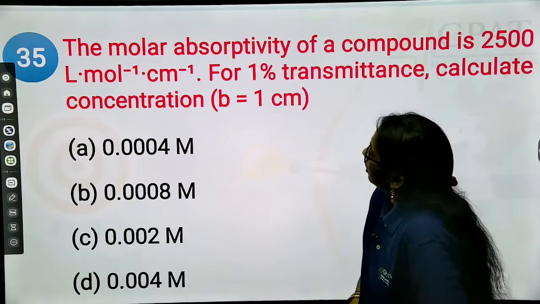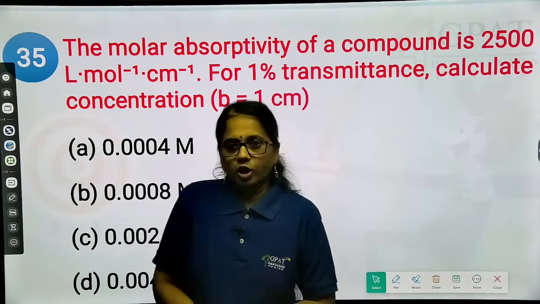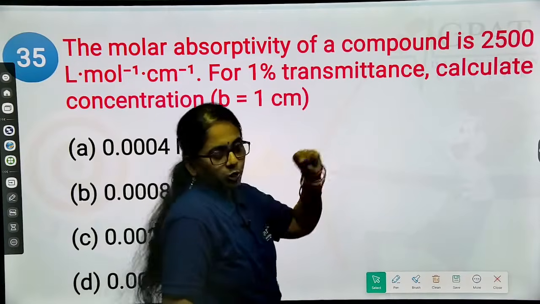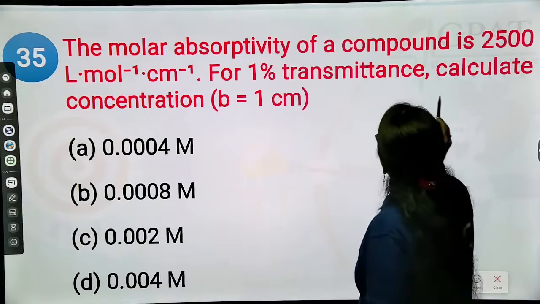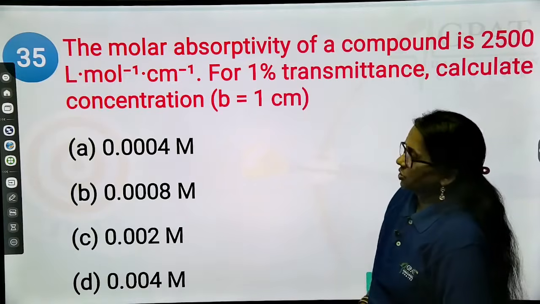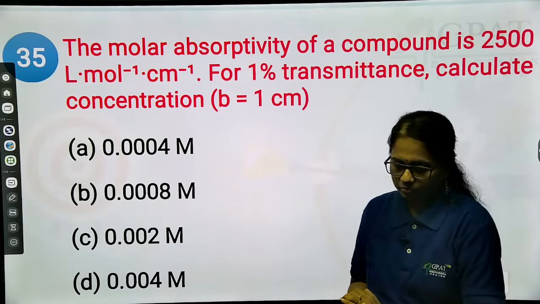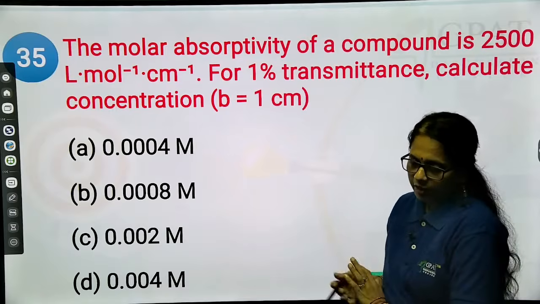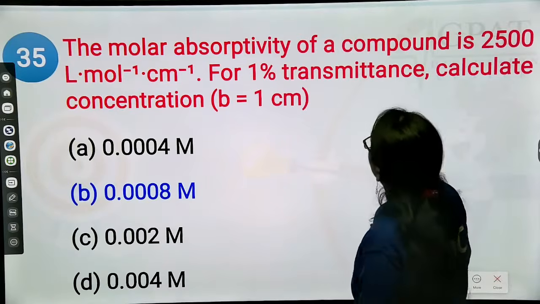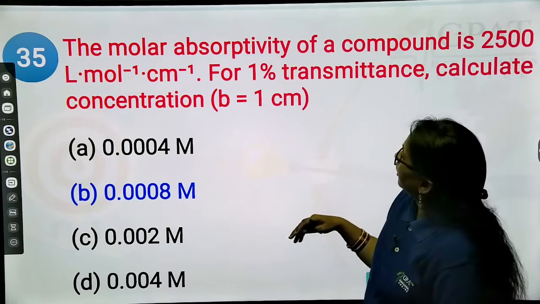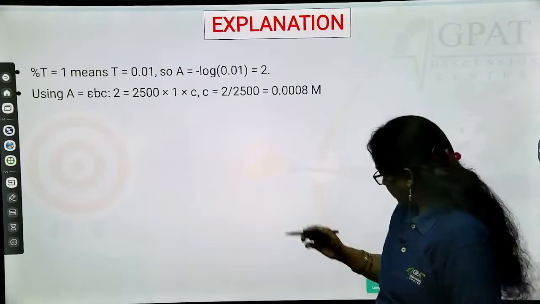Next, the molar absorptivity of a compound is, okay, they have given the epsilon value and 1% transmittance, calculate the concentration. Path length they have given and epsilon value they have given, and what they have asked is calculate the concentration. C they have asked.